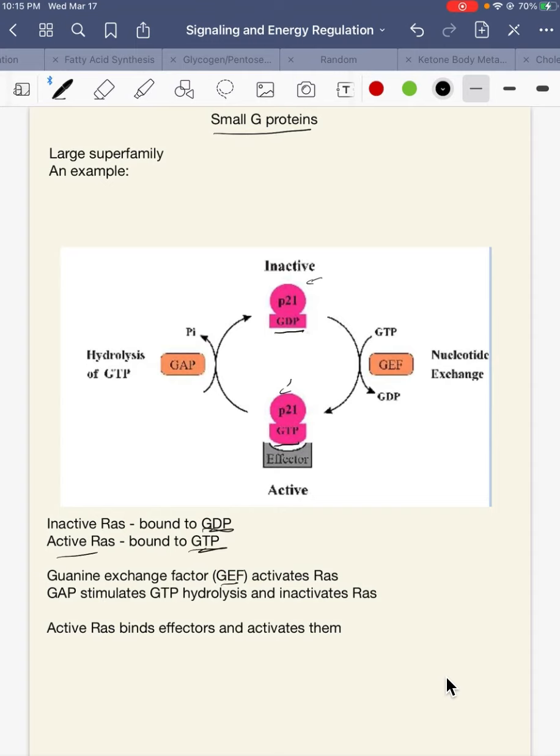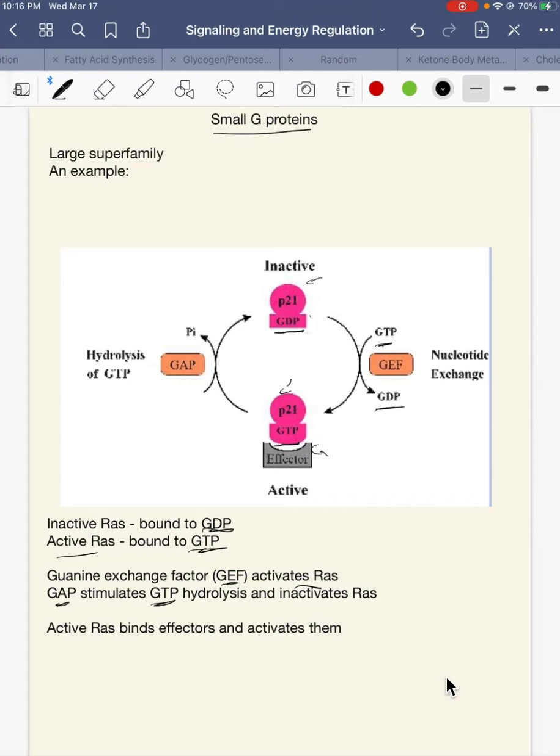Guanine exchange factor, GEF, activates RAS. We hydrolyze a GTP, the phosphate goes on RAS, and then you get your GTP, and then GAP stimulates GTP hydrolysis.